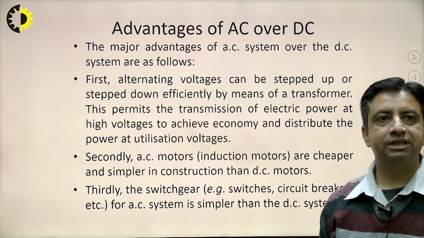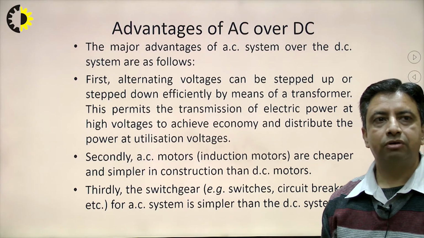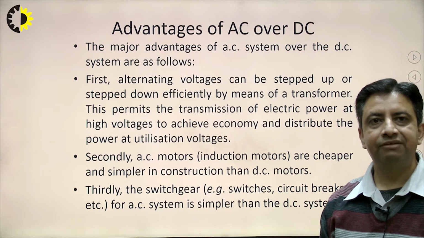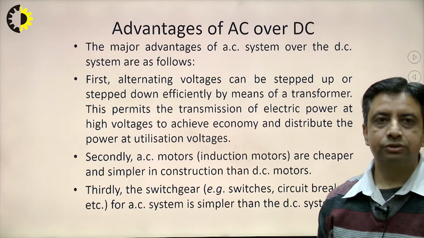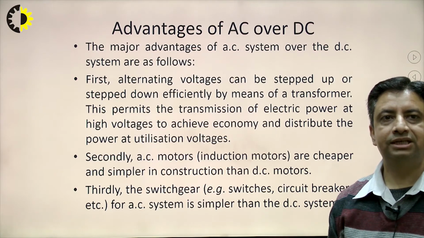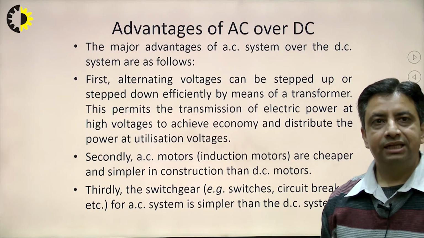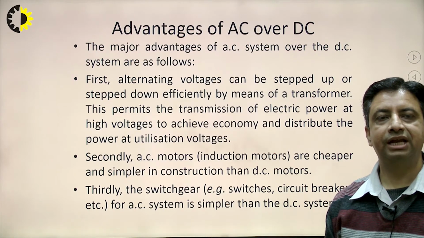The first one is that alternating voltages can be stepped up or stepped down efficiently by means of a transformer. We know a transformer is a static device which works on the principle of mutual induction. As the rate of change of flux is only possible in case of AC, that's why AC is preferred over DC, because we can step up and step down the voltage level.